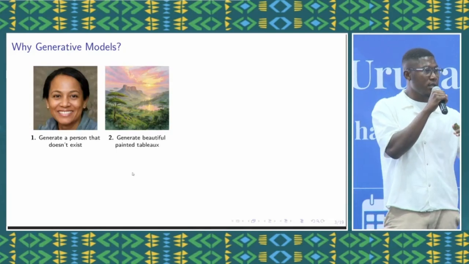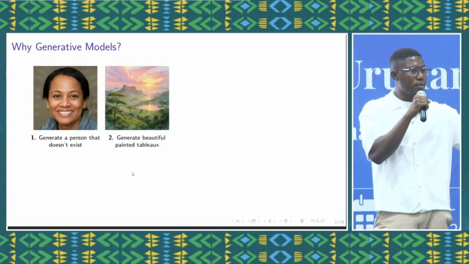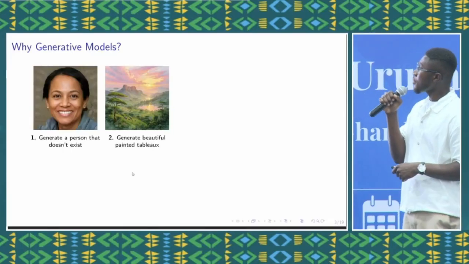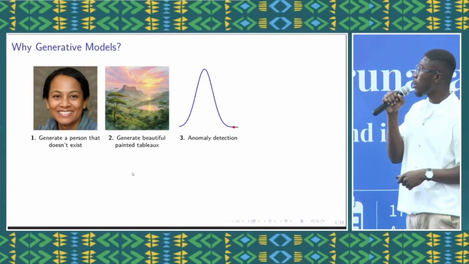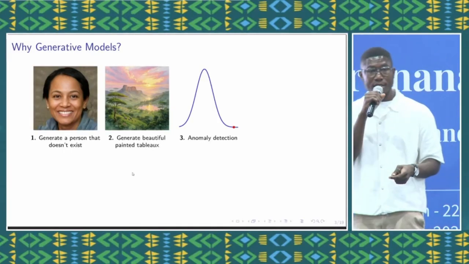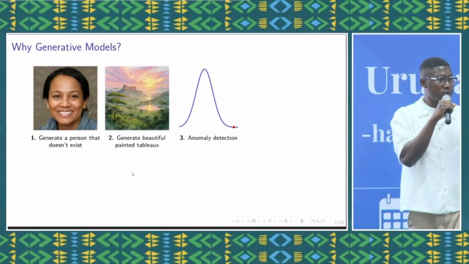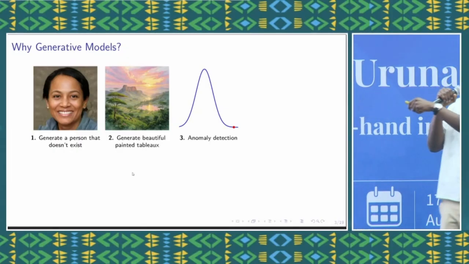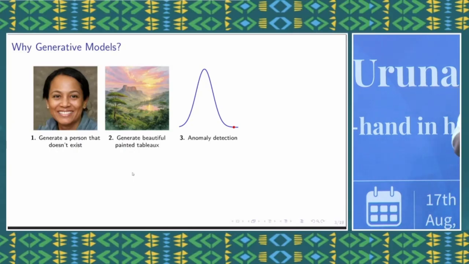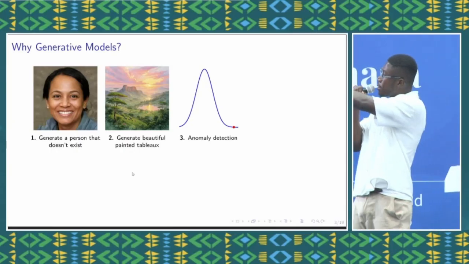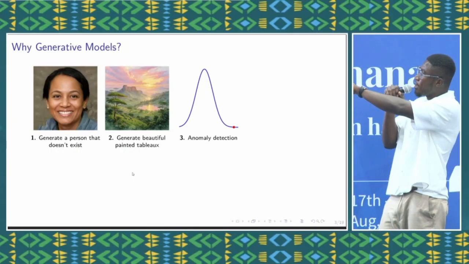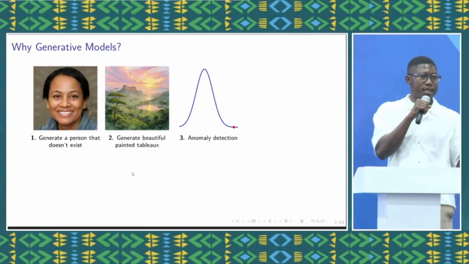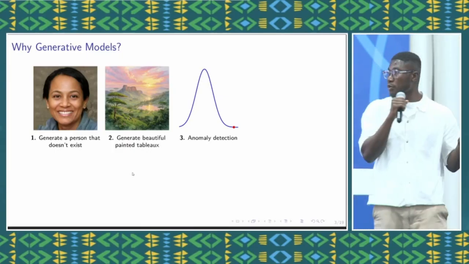If we train the model on paintings, we can generate a painting. Another application is anomaly detection. Since we already know the distribution of the data, for a new data point, for example, the data in red, we can see here that it's out of distribution, so we can realize that it's an outlier.